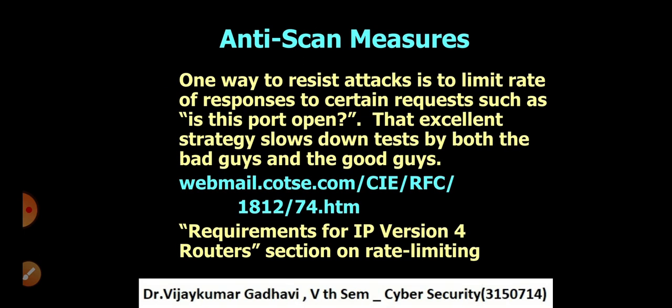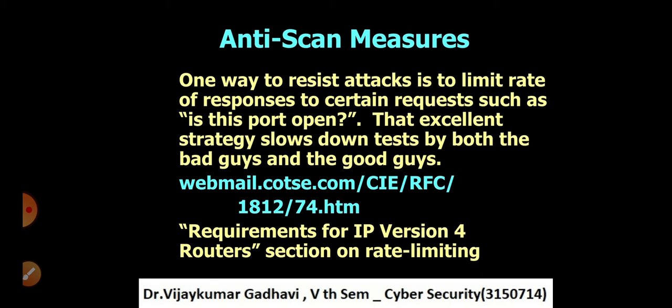Anti-scan measures: one way to resist attack is to limit the rate of responses to certain requests such as, is this port open? Is it listening? That is an excellent strategy, but it slows down tests by both the bad guys and the good guys.